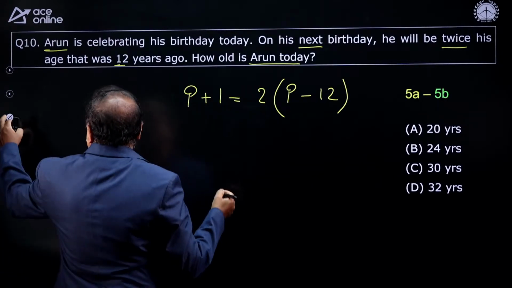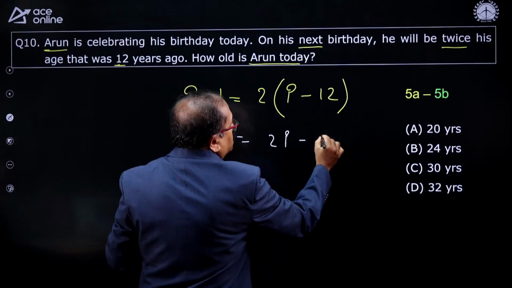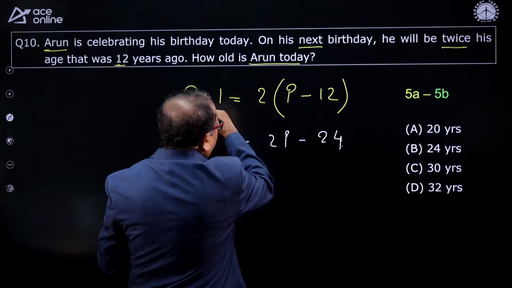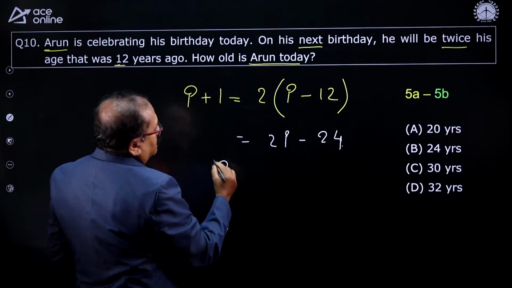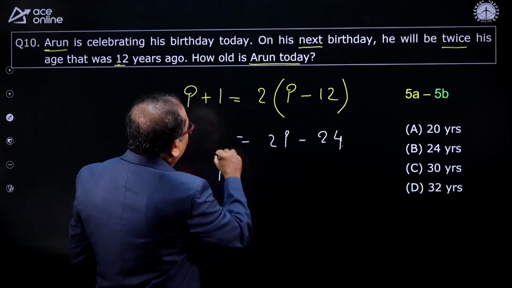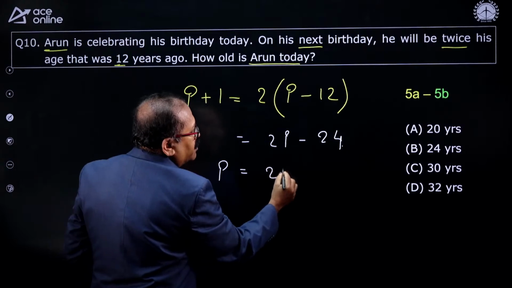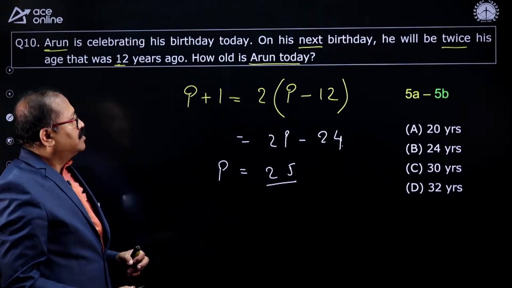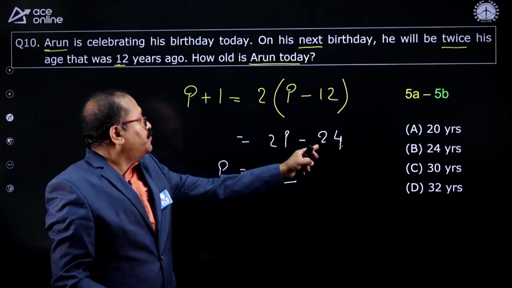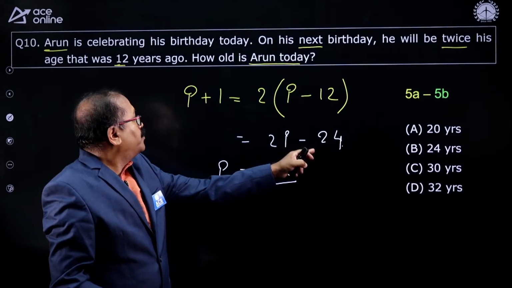So here I notice that it is 2P minus 24. So bring the P over here. You are getting 2P, P is equal to 24 plus 1 will be 25, I think, right? Am I right? Here that's 24. 2P minus 24.